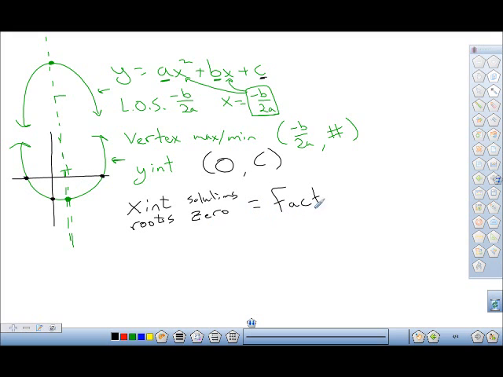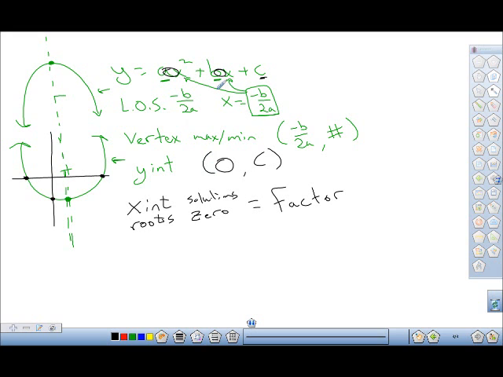Up to this point, by factoring. Now, give it 2 weeks, we'll know way more ways of going about doing it. But for right now, if it factors, it'll have nice, pretty x-intercepts. If it doesn't factor, we'll have to take different means to do it. Okay? Because you plug in 0 for x for the y-intercept, and all that's left is going to be c.